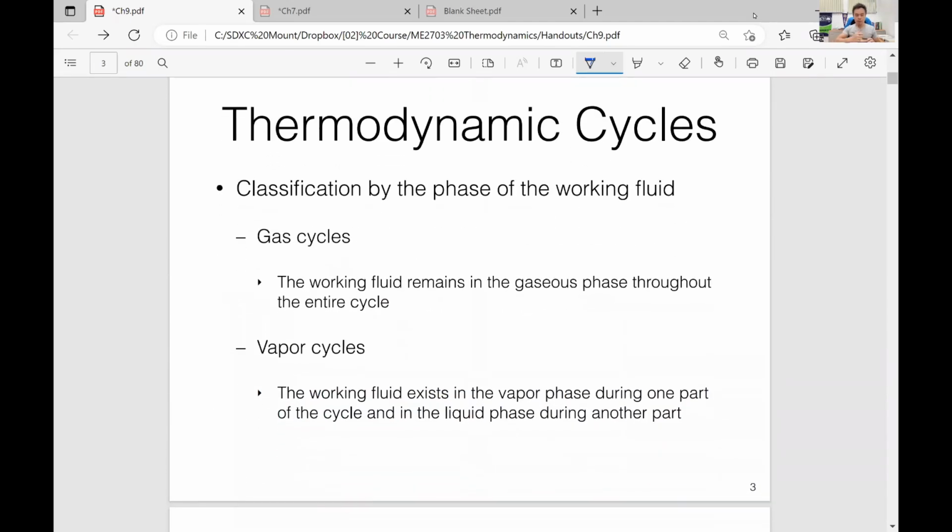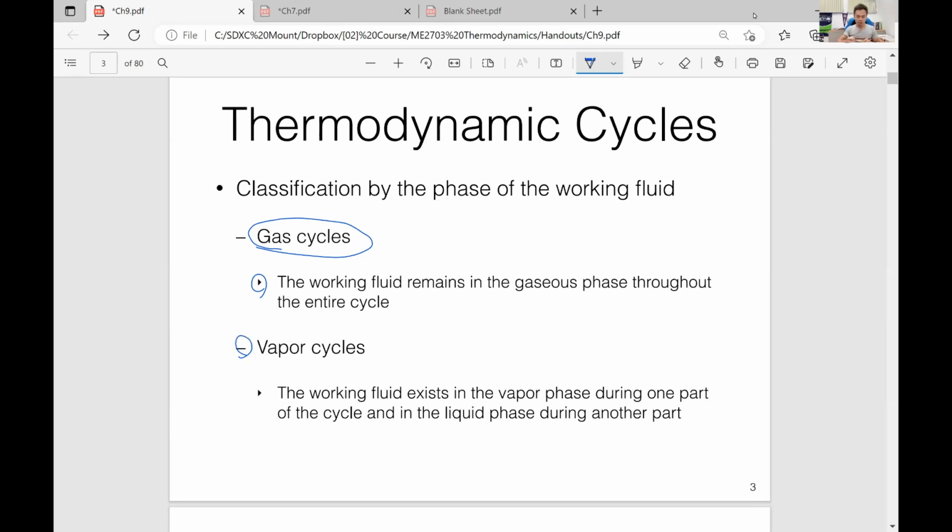So thermodynamic cycles can be classified by the phase of the working fluid. For example, in this chapter we are focusing on gas power cycles, so that means the working fluid remains in the gas phase throughout the entire cycle.